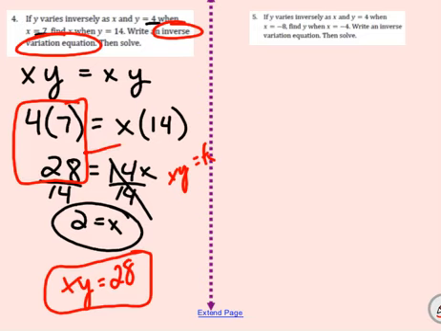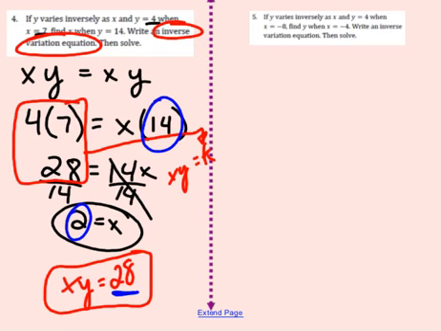So I know that everything needs to equal 4 times 7, which is 28. So I substitute in the 28. If you look at it, I'll do this one in blue. This 2 is when y is 14. So 2 times 14 is 28. 28 is my correct k value. So I write it as xy equals 28.